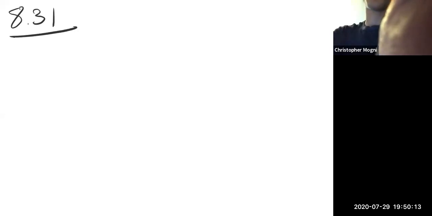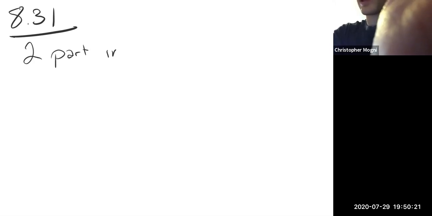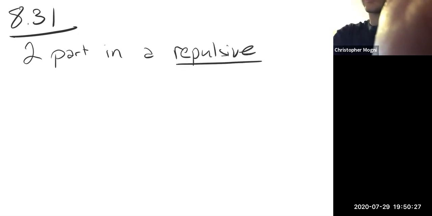What I like about this problem is that it concerns two particles in a repulsive inverse square potential.